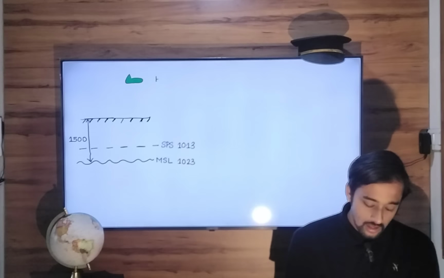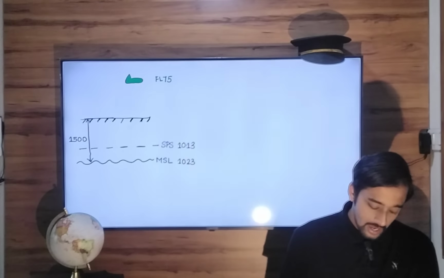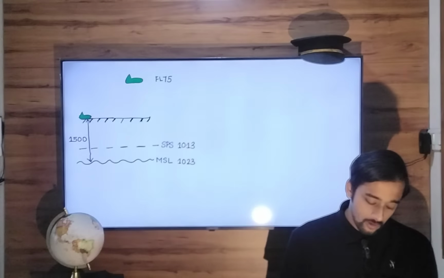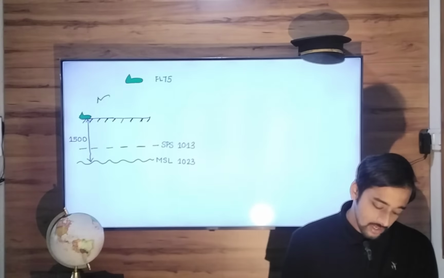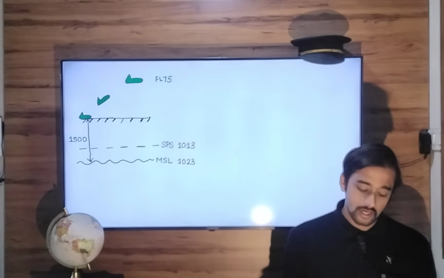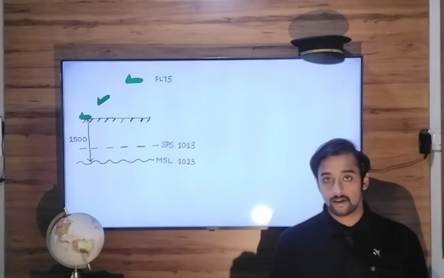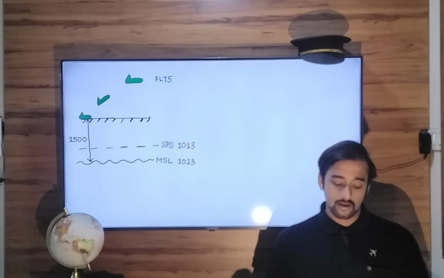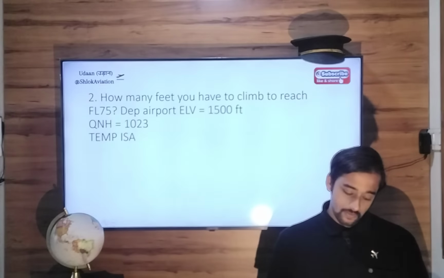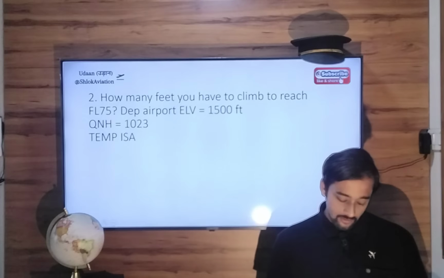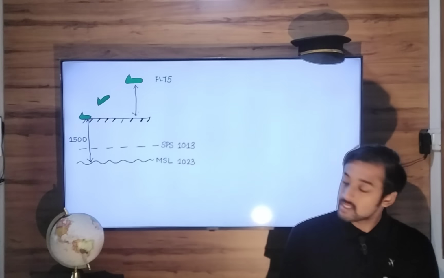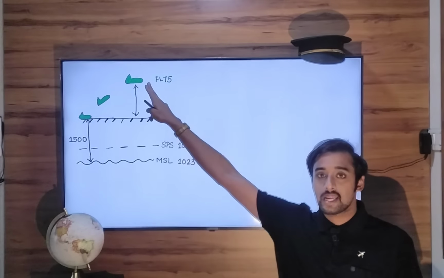So we have to take off from this airport, which is at an elevation of 1500 feet, and go towards altitude flight level 75, vertical distance. So how many feet do you have to climb? You have to climb a total of this many feet, starting from the airport to this flight level 75.